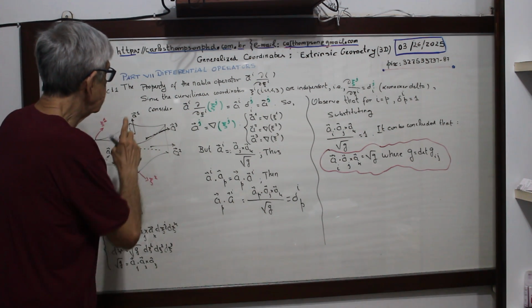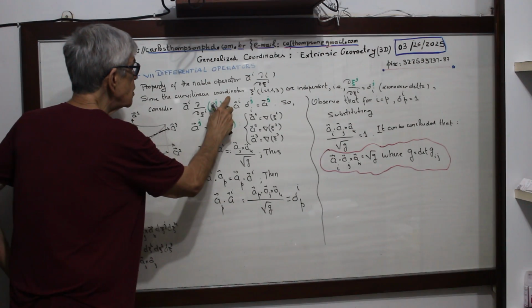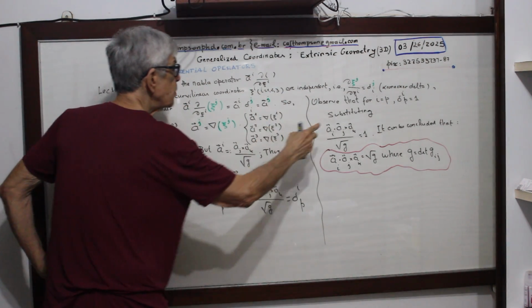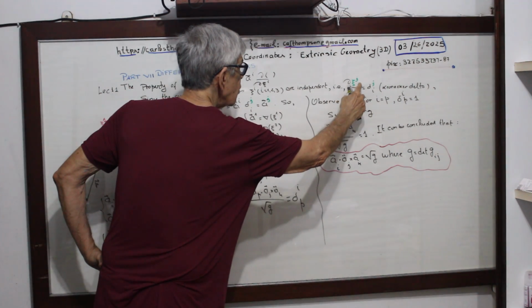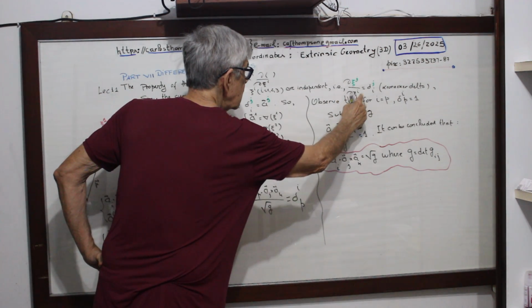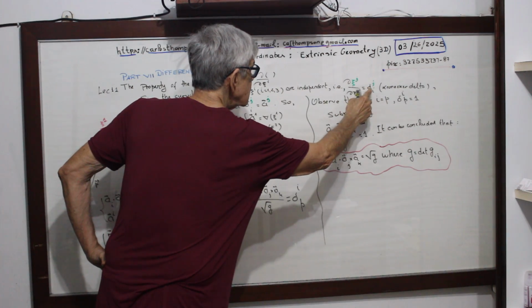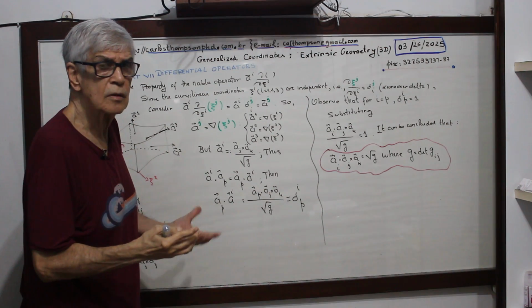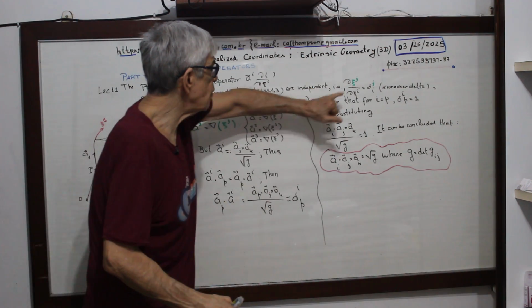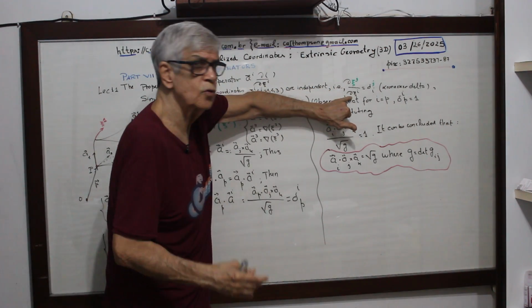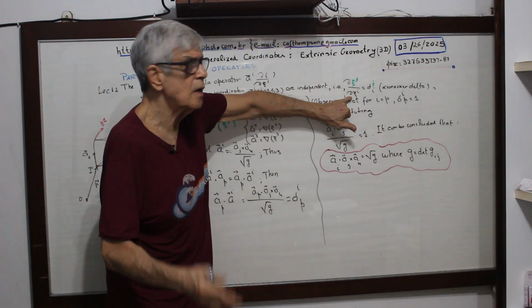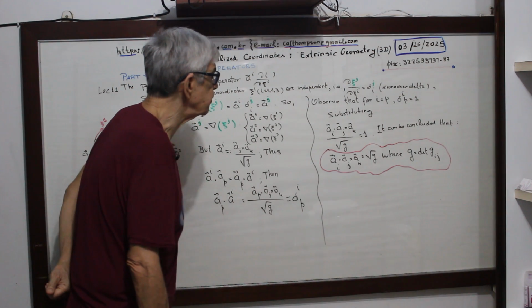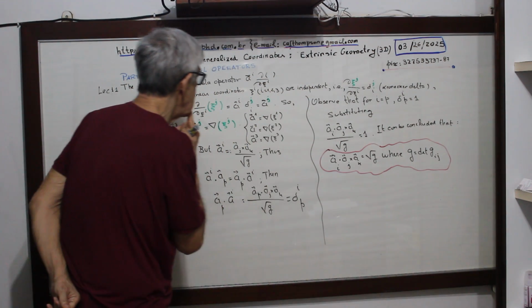Now, you see, since the curvilinear coordinates are independent, what this means is that the partial derivative of Cj with respect to Ci is delta Ij, because they are independent, okay? For instance, the derivative of C1 with respect to C2 will be 0 because they are independent. So that's why it's delta Ij, the Kronecker delta.